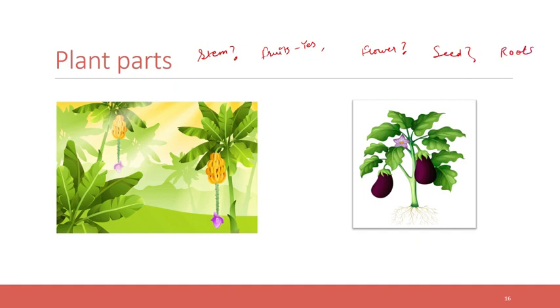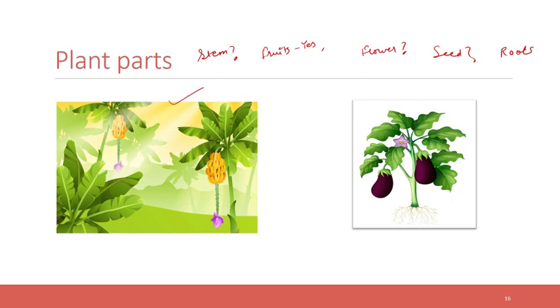Tell me, which part of the plant do you eat? Wait, we'll find out. First, have a look at this picture and let me know what you eat from this picture.